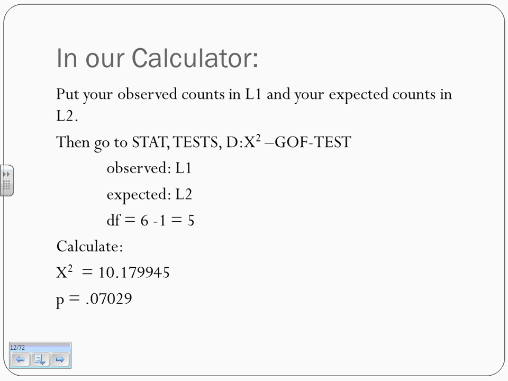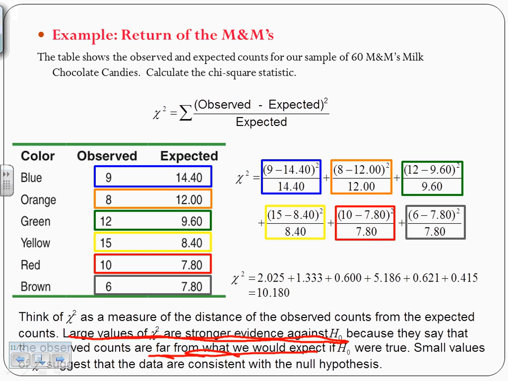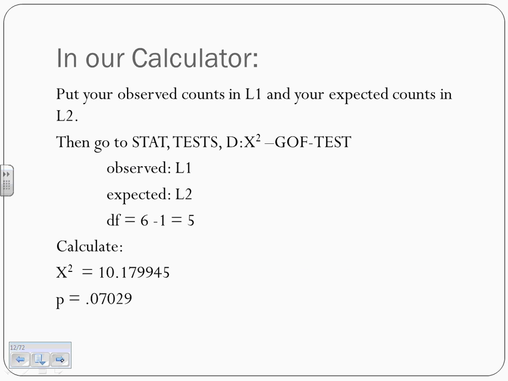Then for your observed, put list 1, because that's where we put it, and the expected put list 2. Degrees of freedom, you had 1, 2, 3, 4, 5, 6. So you're going to have 6 minus 1, which is 5. And then hit calculate, and you can see your chi-squared statistic. And you also find your p-value here, which is nice.